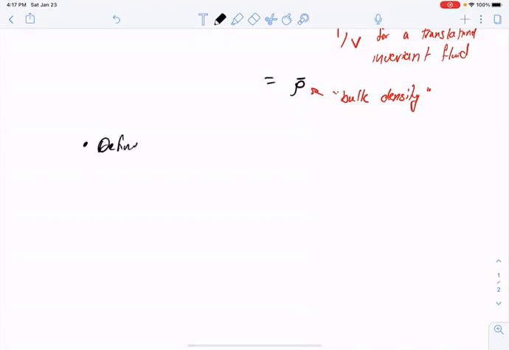So let's also define chi of R and R prime as the second cumulant of the density, or the correlation function for the density. So that is an object that asks how are fluctuations in rho at R statistically correlated with fluctuations of rho at R prime.